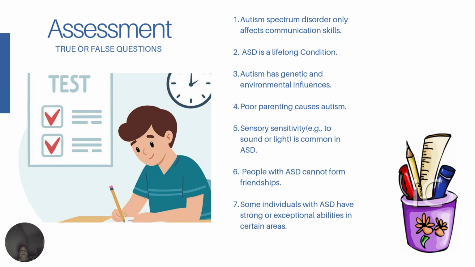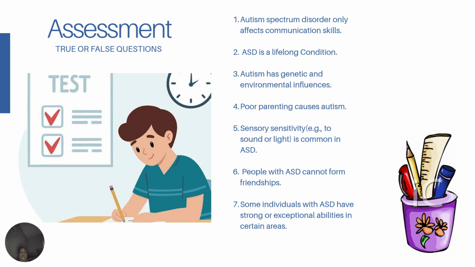Okay, now we're moving on to our assessment, true or false questions. Okay, number one, autism spectrum disorder only affects communication skills. True or false? Number two, ASD is a lifelong condition. Number three, autism has genetic and environmental influences.